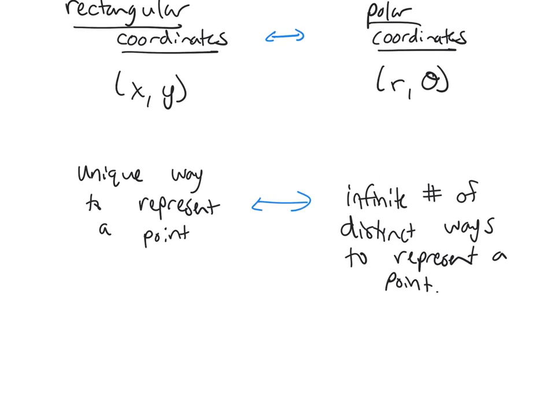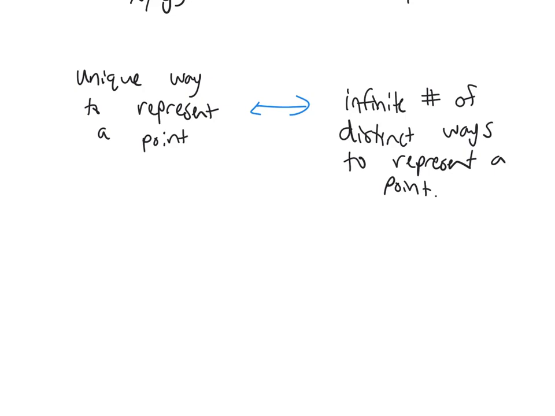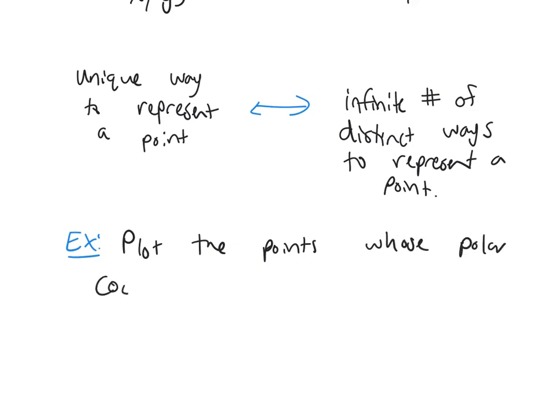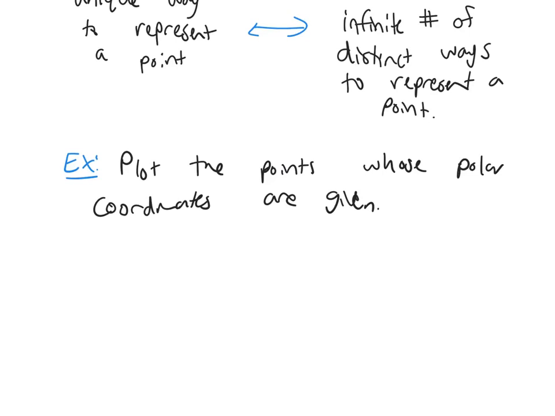All right, so let's look at some of these points now. Start with our first example. Let's plot the points whose polar coordinates are given. So let's start with part A, the point 1, 5 pi over 4. So this first entry is your r.